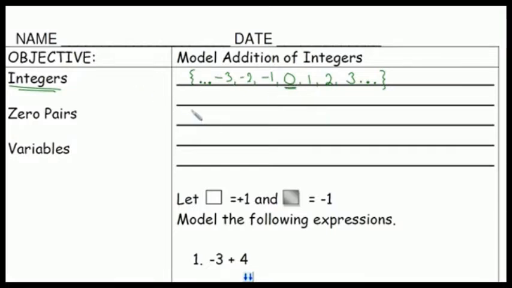A zero pair is when a positive counter is put together with a negative counter.